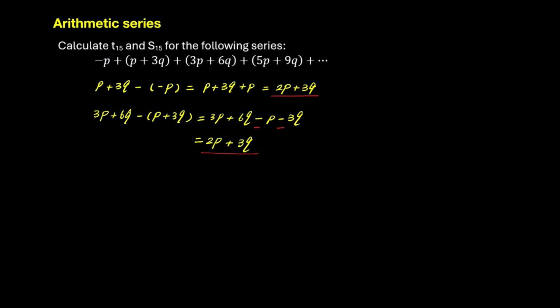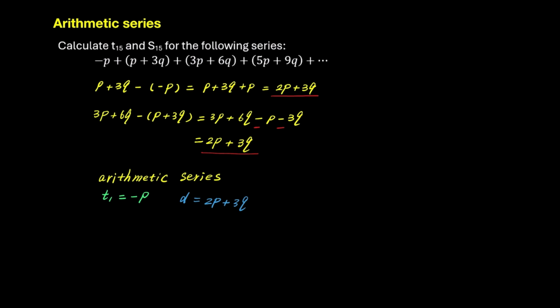Now we know that this series is an arithmetic series. So the first term of this series is t1 equals minus p. The difference between the terms, d, is 2p plus 3q.